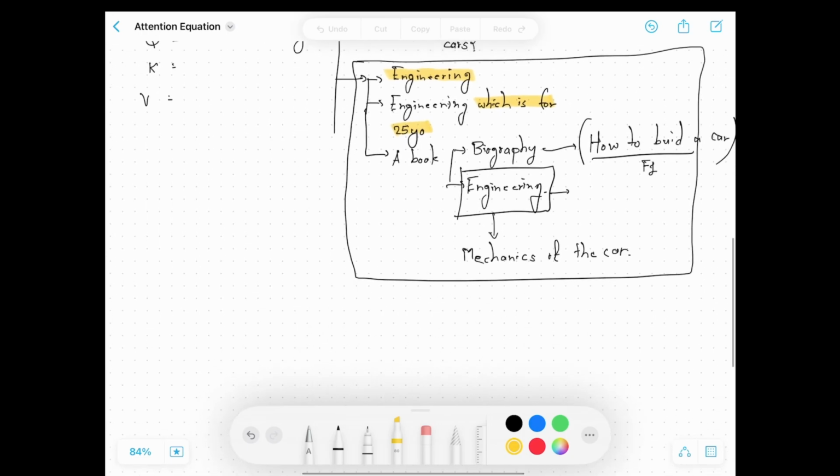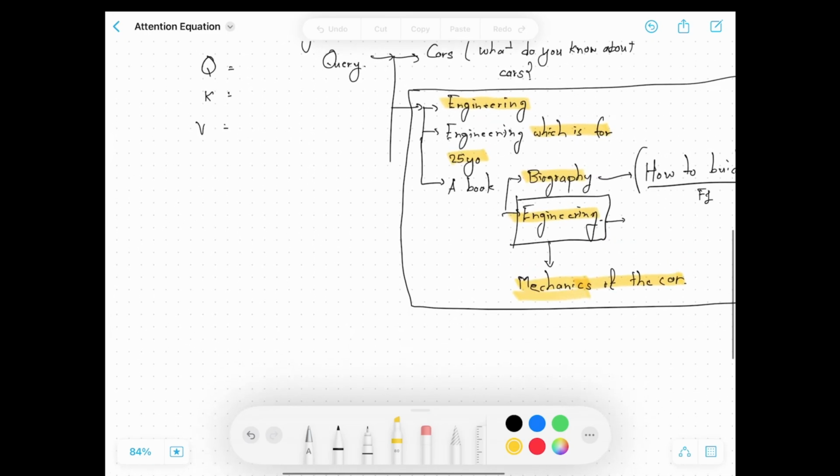Then he will be looking at whether I'm asking about the biography or about the engineering, like the actual mechanics of that car. So he won't be going into the biography section. Let's suppose I want to go into the mechanics of it. So he will be looking at that.